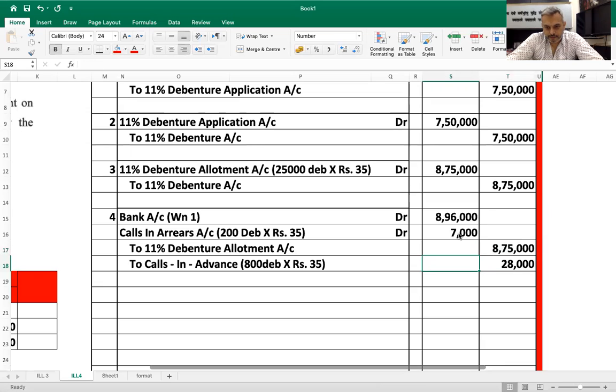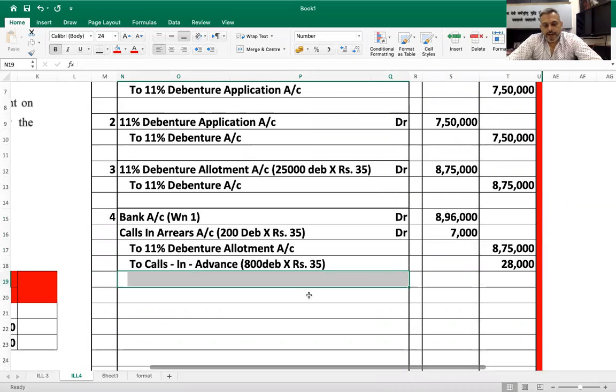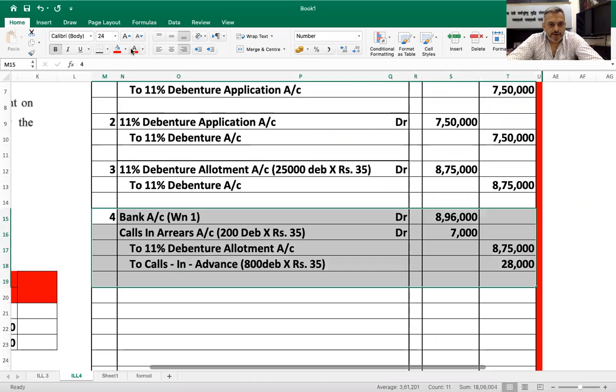Cross verify. Debit should be equal to credit. So yes, 9,03,000. Underline this. This is a very important entry over here. It's a combination of both calls in arrears and calls in advance.